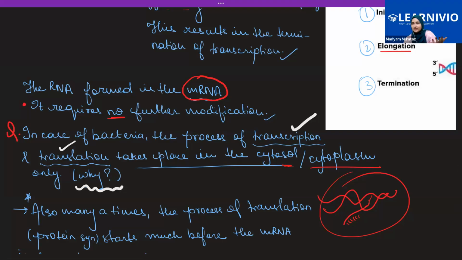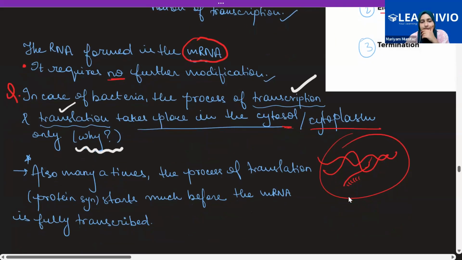See, since they are prokaryotic organisms, they do not have any compartmentalization in their cell, right? There is no boundary defining that this is the cytoplasm, this is the nucleus, this is that. So everything that will happen in them will happen in the main area, that is the cytoplasm. Understood? Is it clear to everyone?